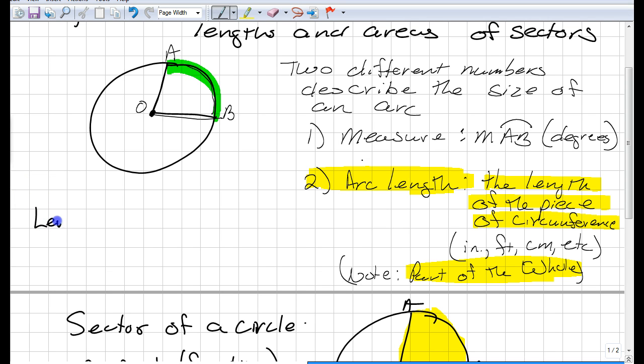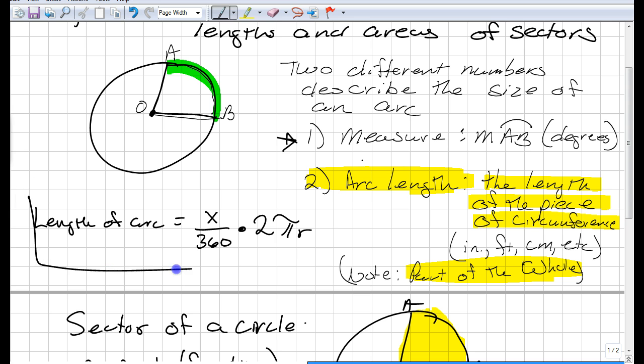So we use the formula: length of arc is equal to the part of the whole, because remember we have measured arcs in degrees. So x degrees out of the whole, which is 360, times the circumference, which is 2 pi r. So that's the formula for arc length.